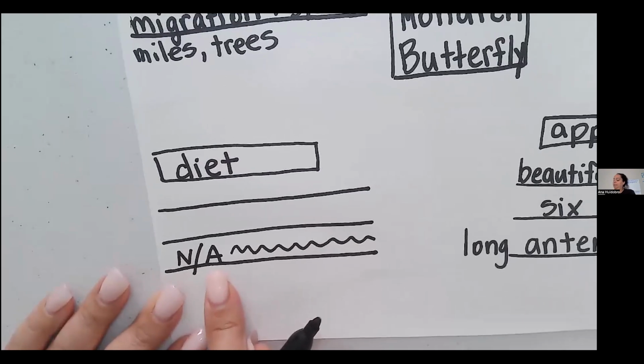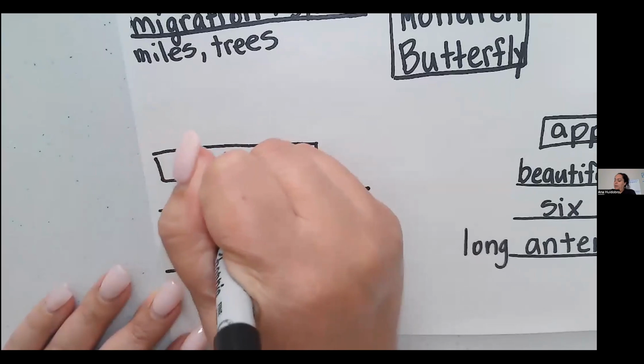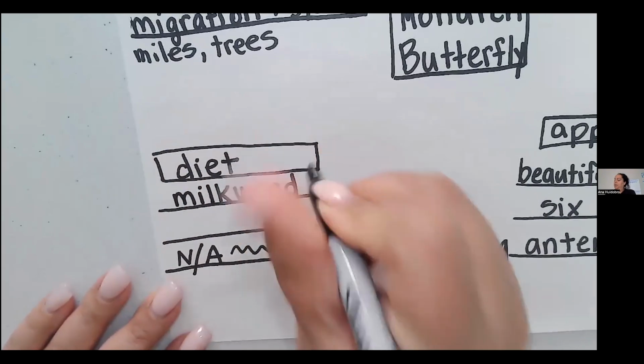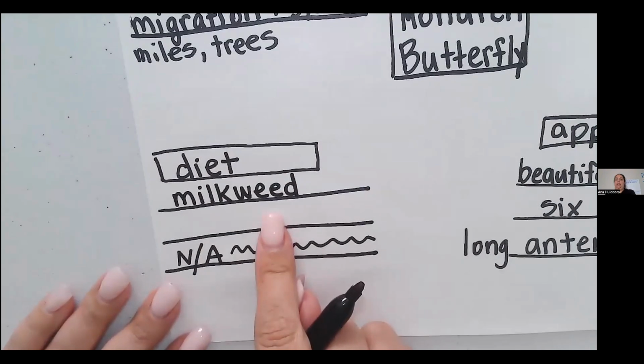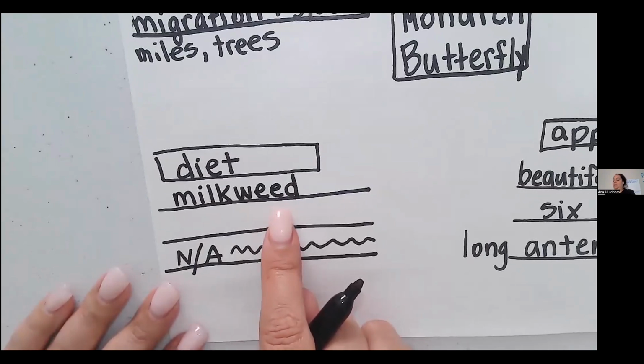So part of the diet, especially when they're caterpillars, is milkweed. It's a flowering plant, and there's all kinds of variations of milkweed all over. This is what they predominantly eat to grow strong, okay? Remember The Very Hungry Caterpillar, the book by Eric Carle, where the very hungry caterpillar eats a muffin and a sausage and an apple?